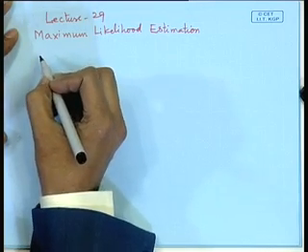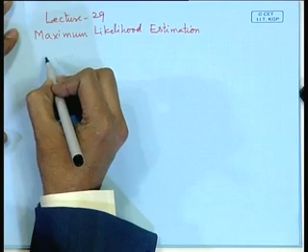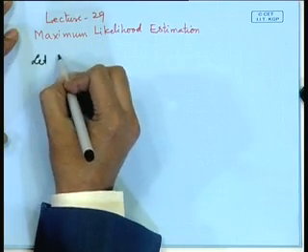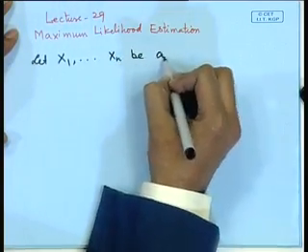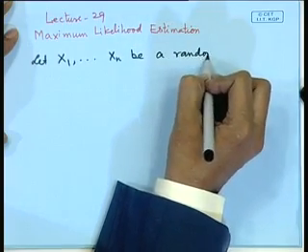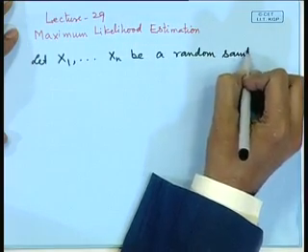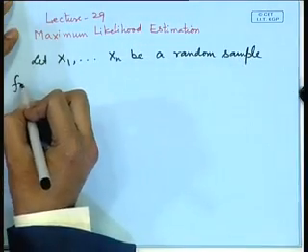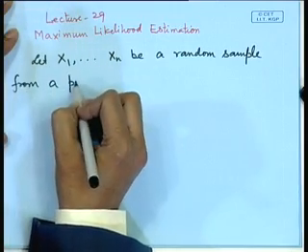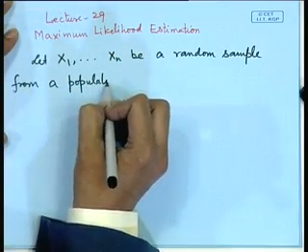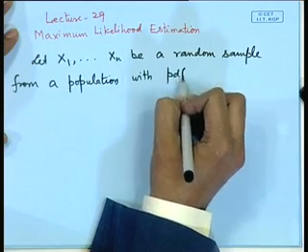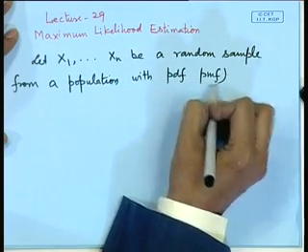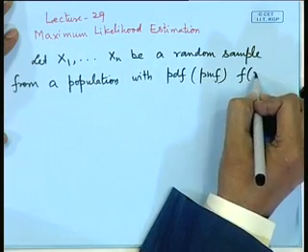So, firstly we define the likelihood function. Let X1, X2, ..., Xn be a random sample from a population with either PDF or PMF, say f(x, theta).